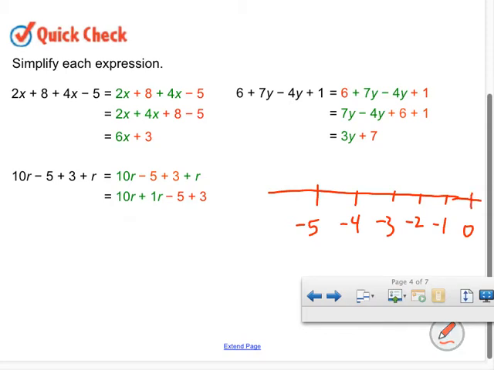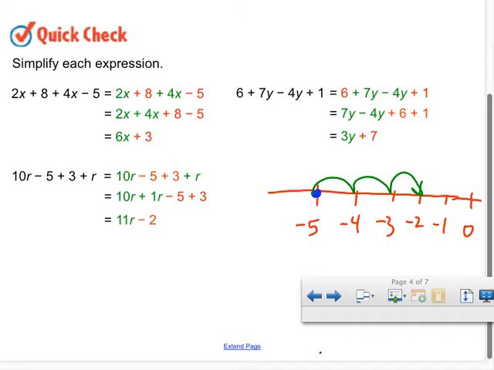If I'm at negative 5, and I add 3, that means I go to the right 3. 1, 2, 3. Do you see where that leaves me? This is going to be 11R minus 2. So I'm at negative 2 still.